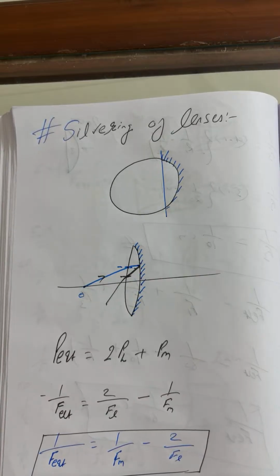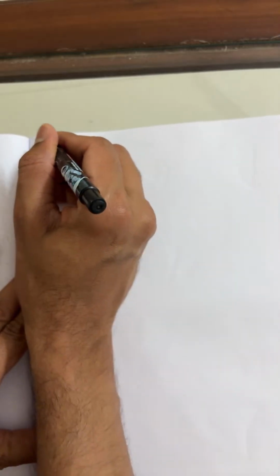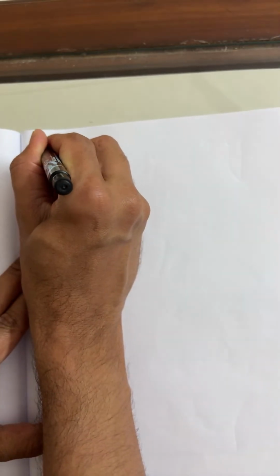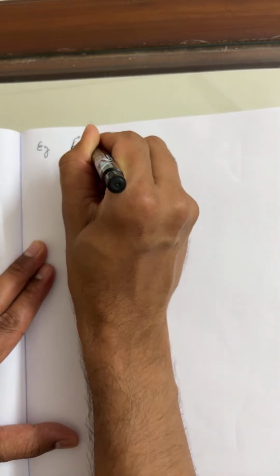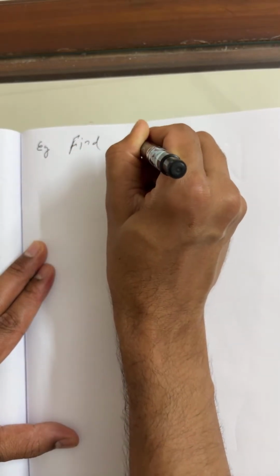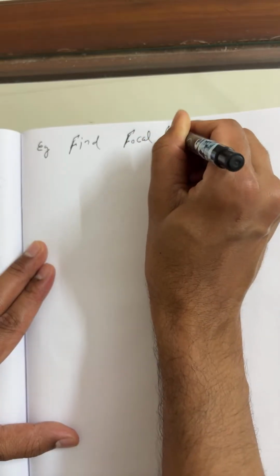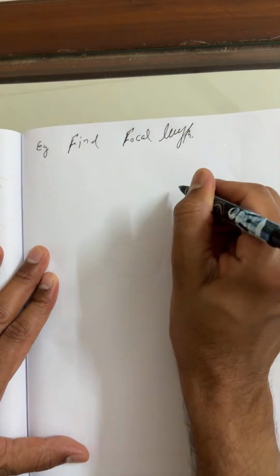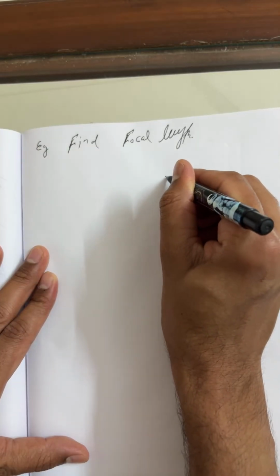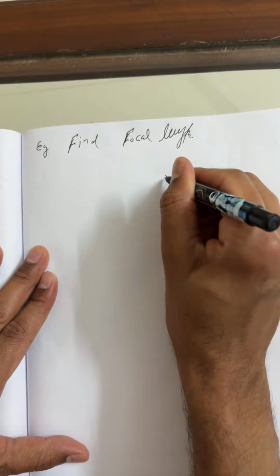Okay, fine. There is one more question here I wanted to do based on this. Tomorrow I'll do more questions based on this. So find the focal length. This is the combination, students.